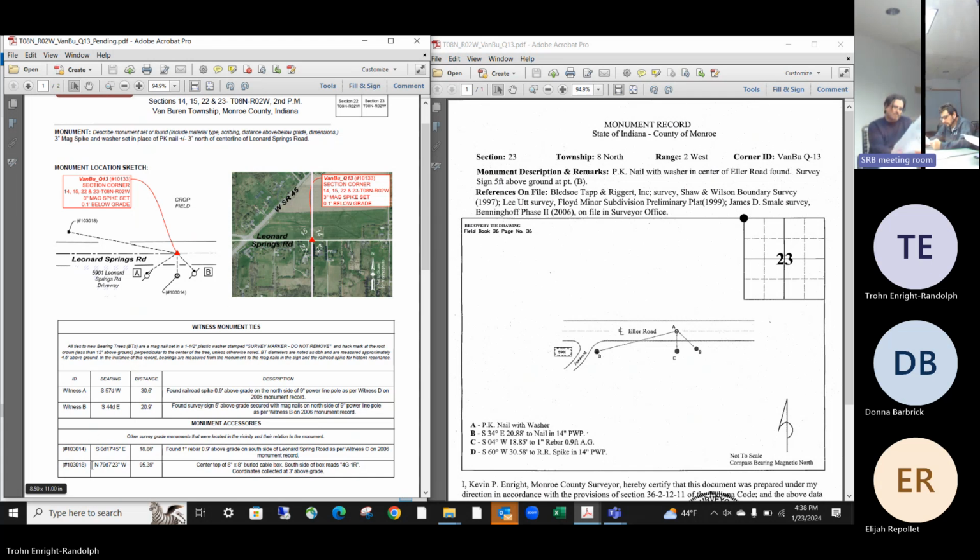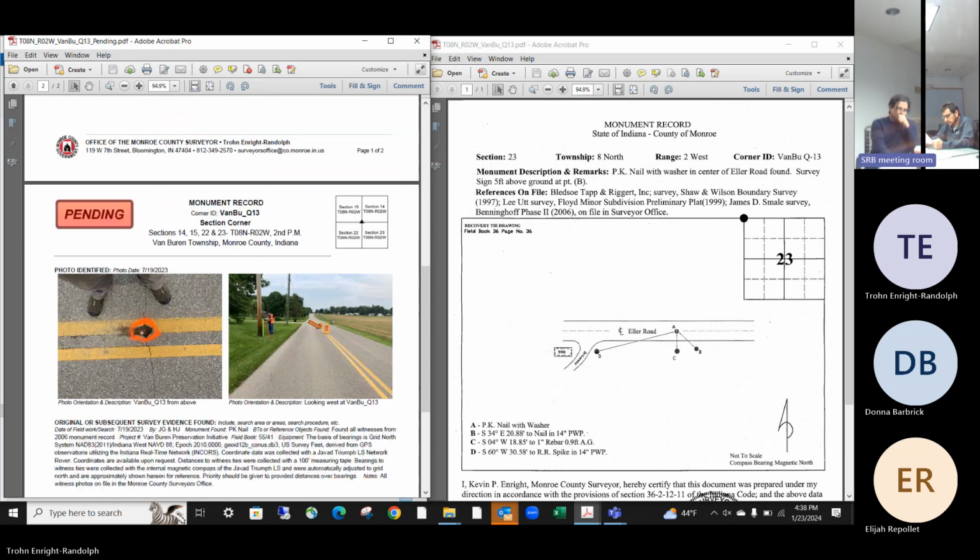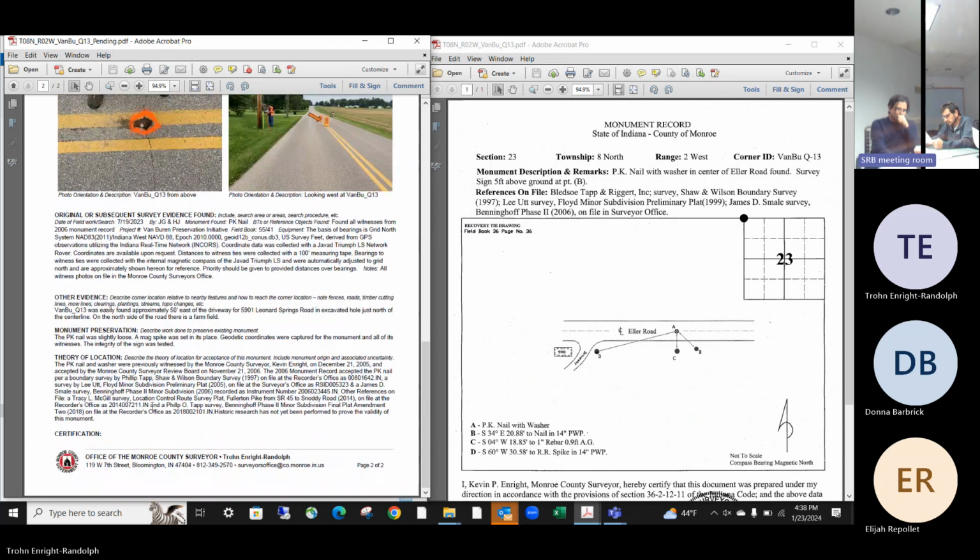And then we grabbed that northern witness just to have more of a triangular witness because everything else was from the south. The last survey we have is 2018, and that was done by Phil Tapp.